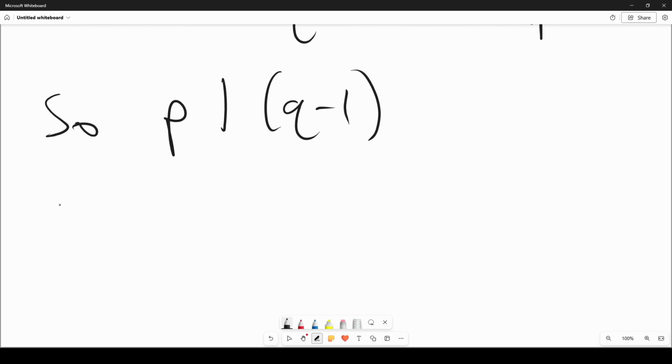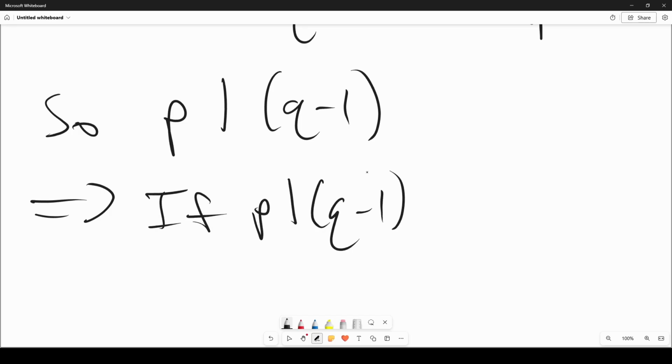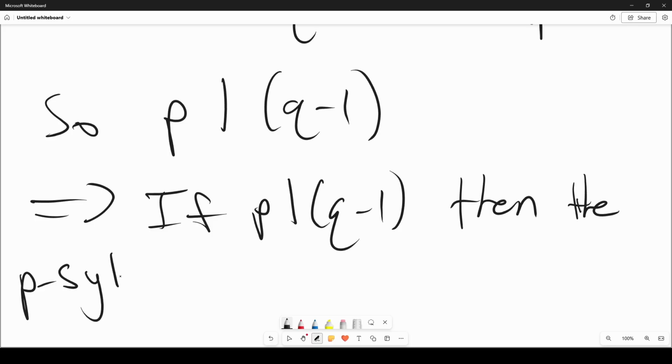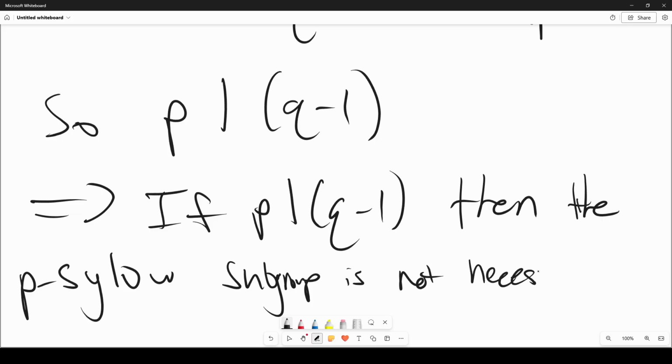Thus we find that if P divides Q minus 1, then the P Sylow subgroup is not necessarily normal.